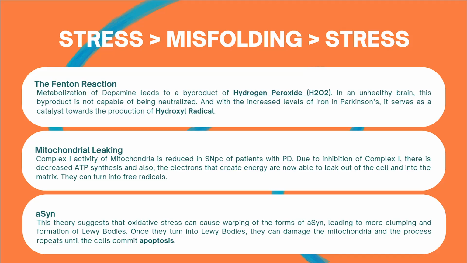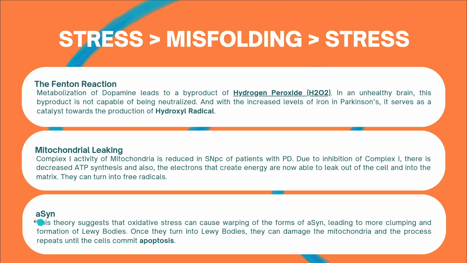So it's crazy how we're all alive right now. So these electrons that can create energy leak out of the cell, that's why we call it mitochondrial leaking. They can also turn into free radicals. Just think of free radicals as antagonists. In an anime, in a show, in a movie, they're the villains. They're harmful. And not the good villains, they're just the bad villains.